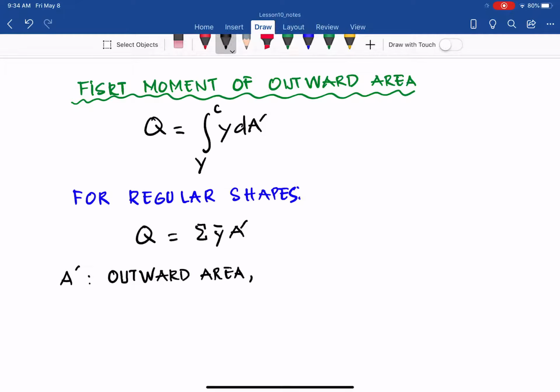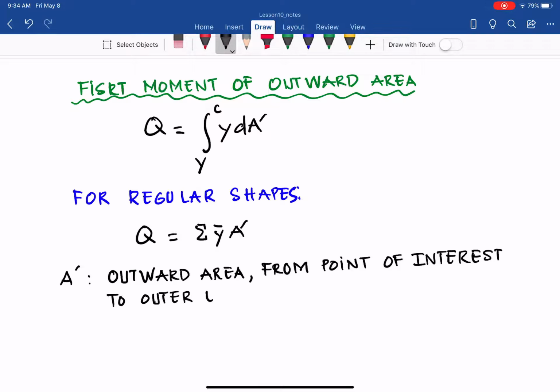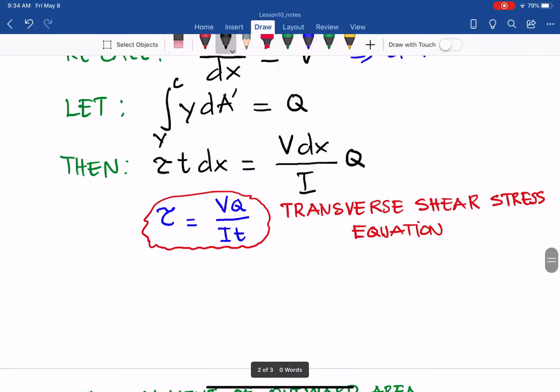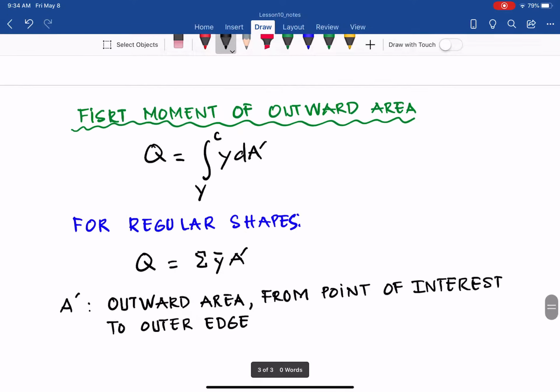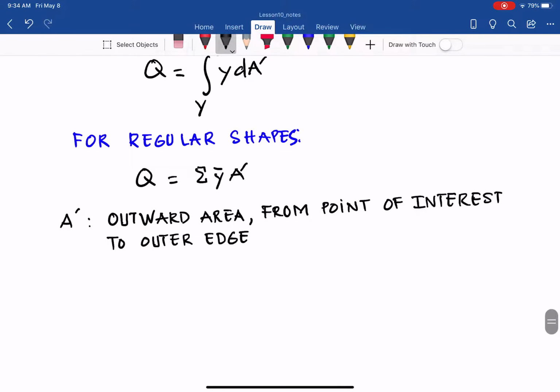Outward means from the point of interest to the outermost fiber, the outer edge. It is the outward area from the point of interest. In this case, the point we have is y from the neutral axis, out to the outermost fiber C.